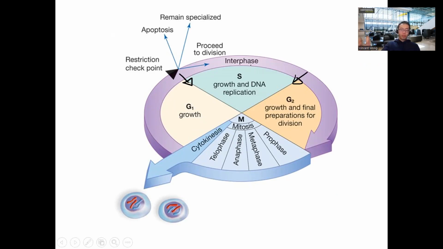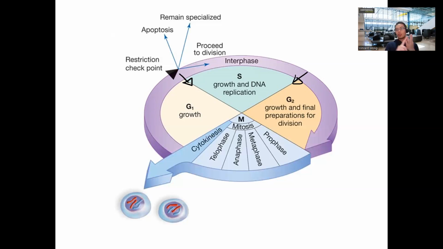Let me briefly explain what they are. Before you copy the DNA, there are several things you want to check. For example, you want to check if the cell is in healthy condition, and whether there is any DNA damage that was not repaired. If it's not repaired, maybe you try to repair it, and if that's not successful, you will not allow this cell to proceed to division.